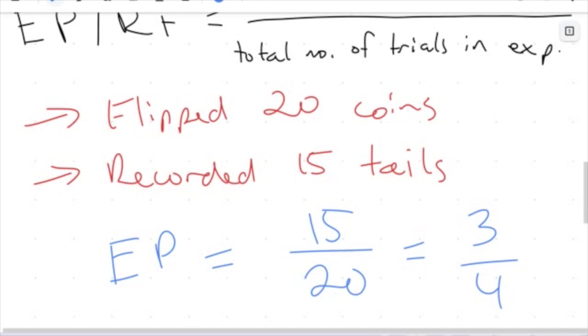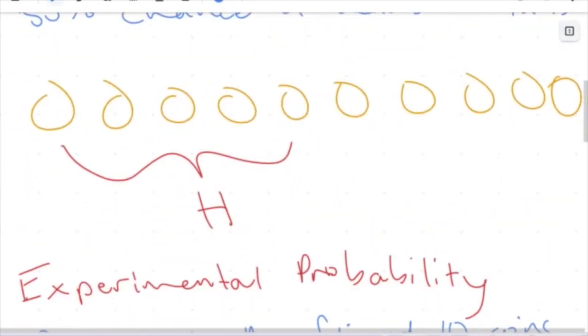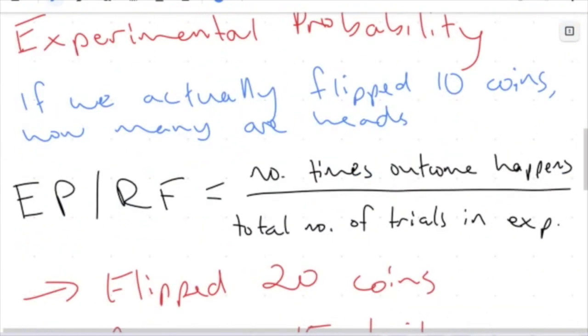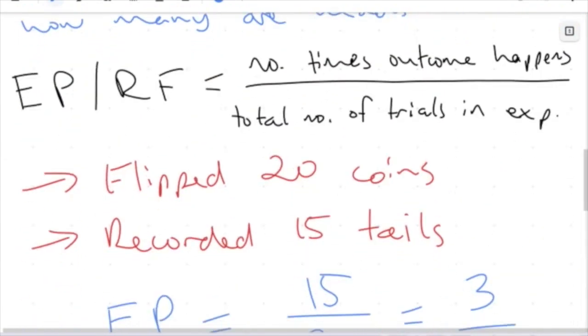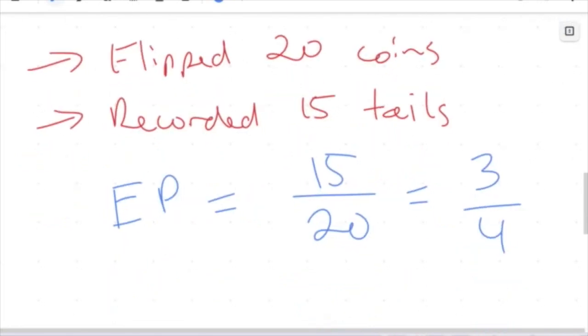Now, once we actually run this experiment, we can, for better or for worse, try to make some further predictions. So instead of just looking at what will happen in theory, like we did up here, in this case, we are saying, okay, we actually did the thing. We actually flipped 20 coins, but we got 15 tails. So let's use that act of doing to make a prediction for something else.